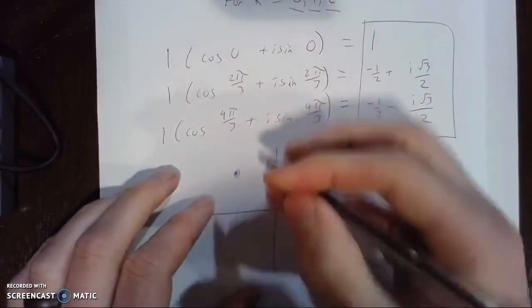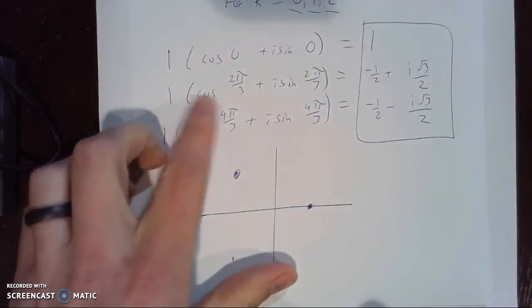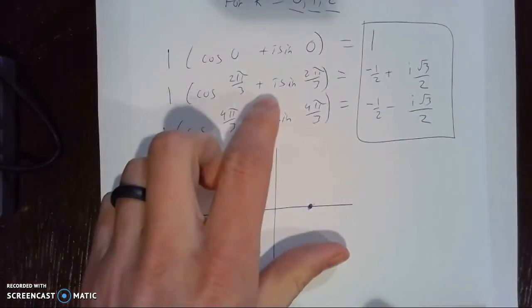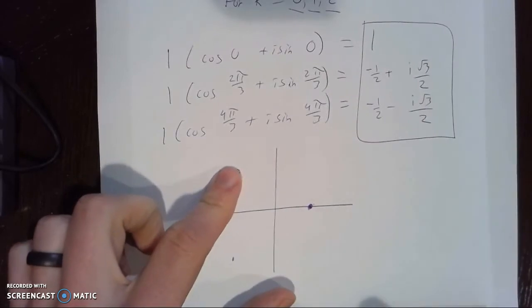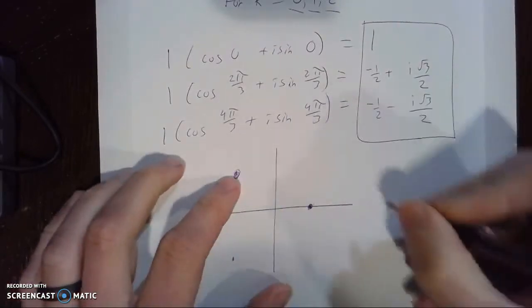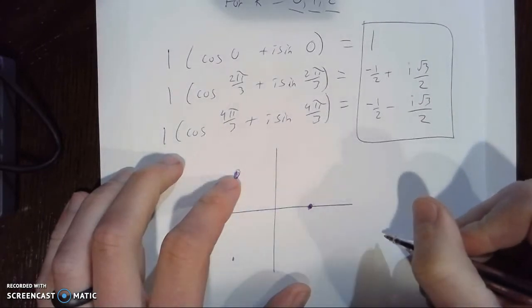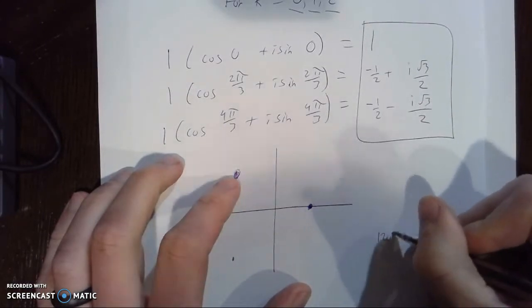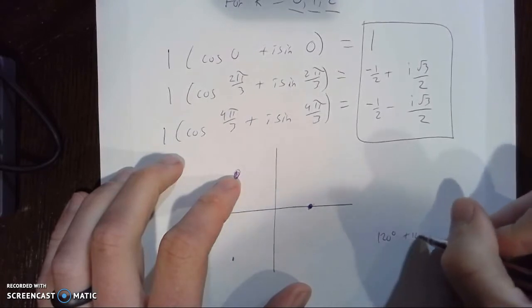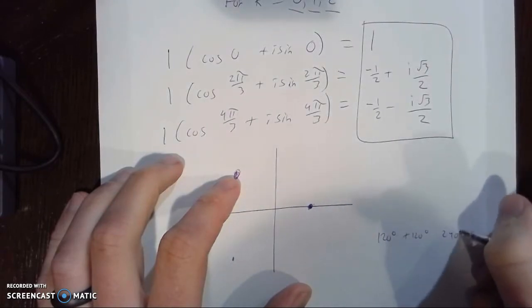Now look at our second one. This is this term. It's 1 cosine 2 pi over 3 plus i sine 2 pi over 3. It's here. If we multiply that once, we're going to go from 2 pi over 3, which was 120 degrees. We're going to add to that and end up at 240 degrees.